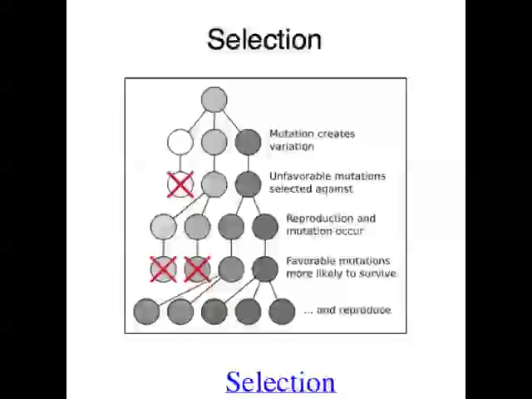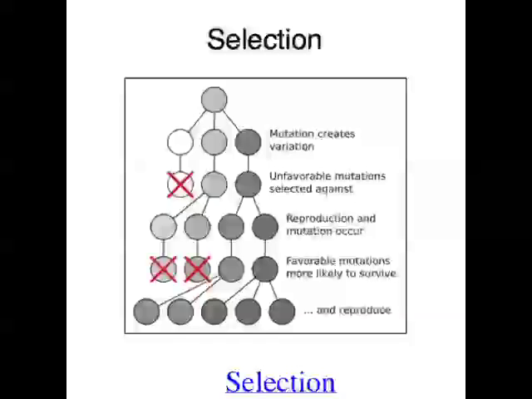Another example of selection is the presence of heterozygote sickle cell anemia people in parts of the world where there's malaria. If you're heterozygous for sickle cell anemia, you're actually a little bit resistant to malaria.